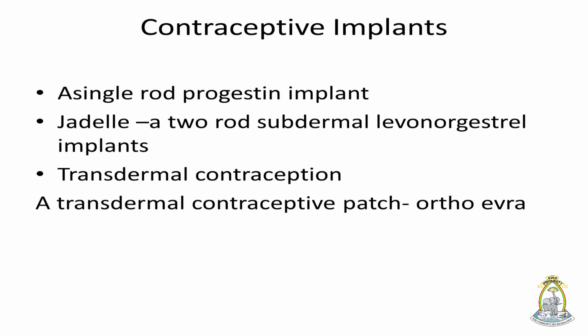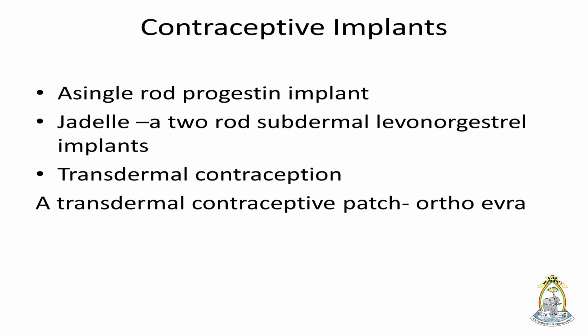We have also the contraceptive implants: single-rod progestin implants, and Jadelle, which is a two-rod. Single-rod is actually Implanon. We have Implanon in our market here. Jadelle is a two-rod implant, which is also here in our market. These are inserted under the skin. And then we have the transdermal contraceptive patches, also Evra.